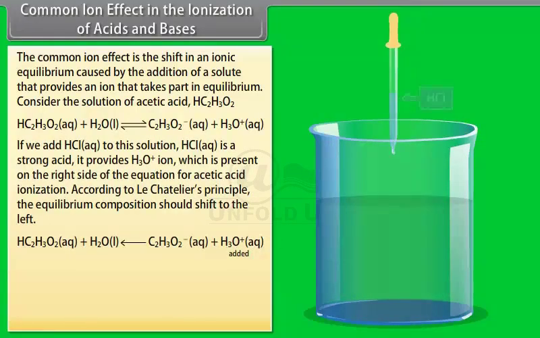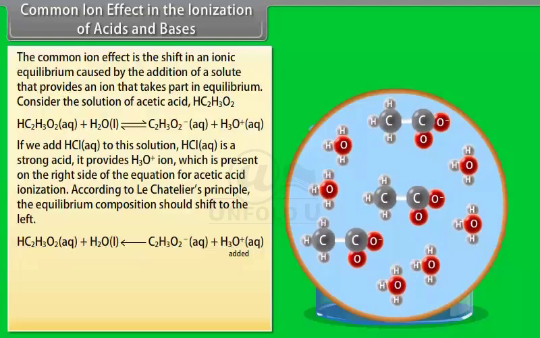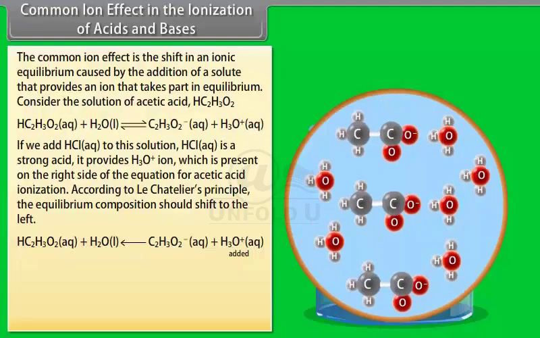If we add HCl aqueous to this solution, HCl aqueous is a strong acid. It provides H3O plus ion, which is present on the right side of the equation for acetic acid ionization, according to the Le Chatelier's principle. The equilibrium composition should shift to the left.